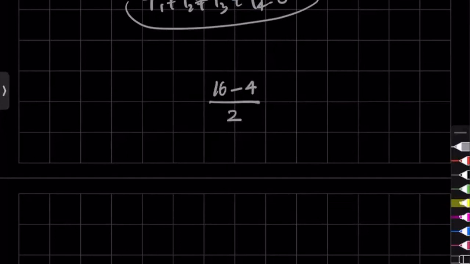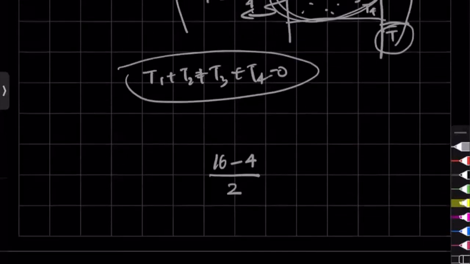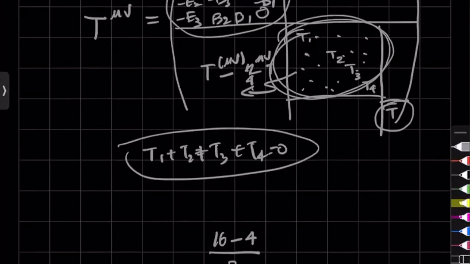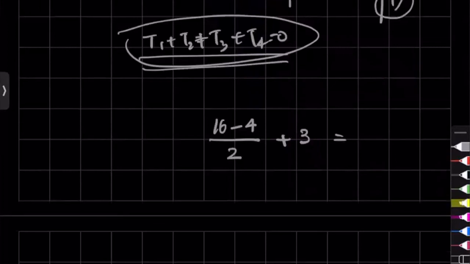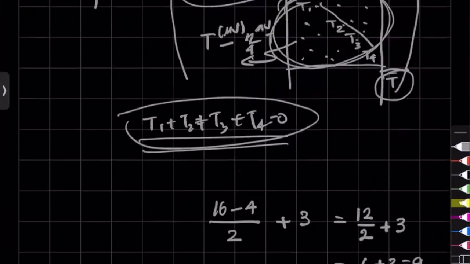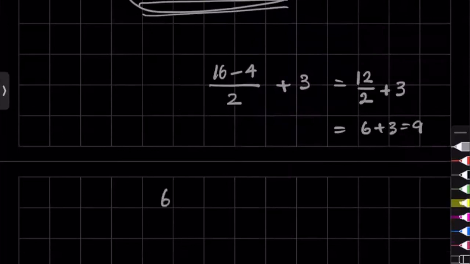Yeah. And in the diagonal elements, there are superficially 4, but they have to satisfy this condition. So we add 3 here. So what do we get? We get 16 minus 4 is 12 by 2 plus 3. So we have 6 plus 3, 9. And then we have 1. So we have 6 plus 9 plus 1, which is exactly 16, okay?